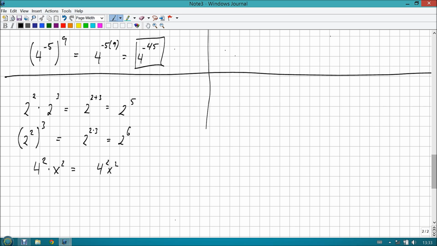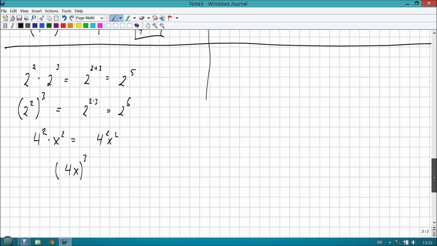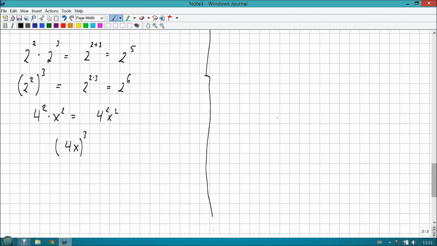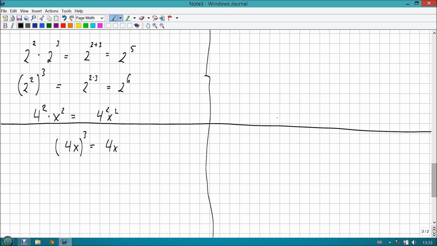Okay. Now what happens if I take something like 4x on the inside and raise it to a power of, say, 3? Well, this is the last piece, and it should be somewhat intuitive. The 3 becomes the power on each one. The reason being is that we're turning this into 4x times 4x times 4x.